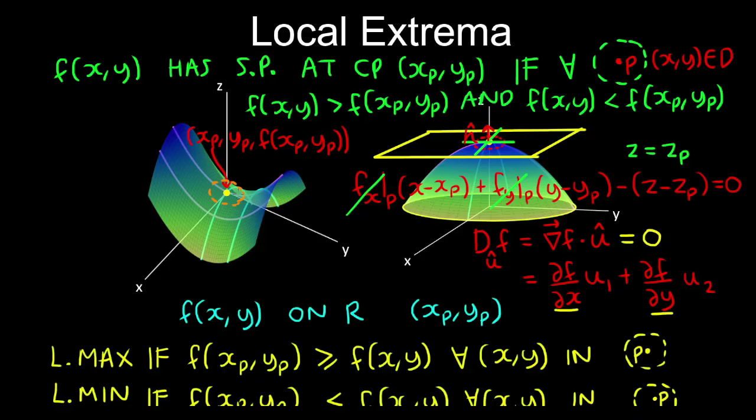So we see that a point on this parabola that's in the plane parallel to the yz plane has a higher value than the function evaluated at point P. And similarly, a point on a parabola that's in the plane parallel to the xz plane has a value that's smaller than that of the function evaluated at point P. So this is neither a local minimum or maximum, but a saddle point. So we can see this surface looks like a saddle.